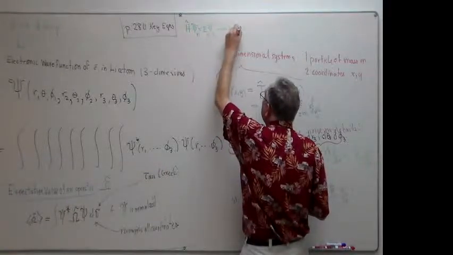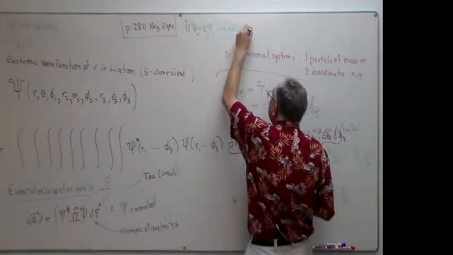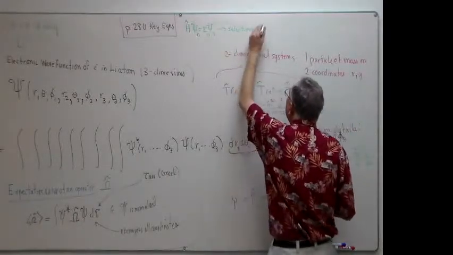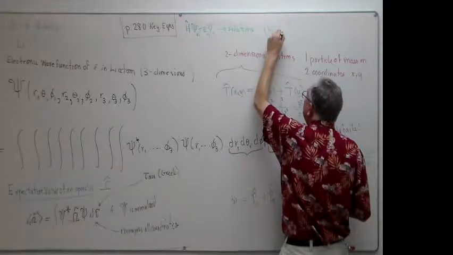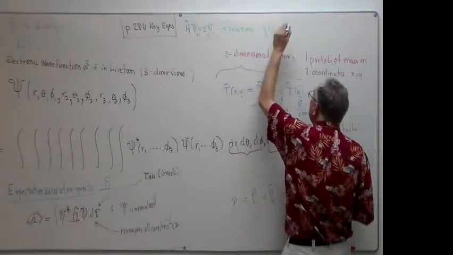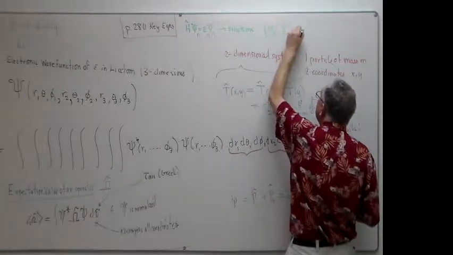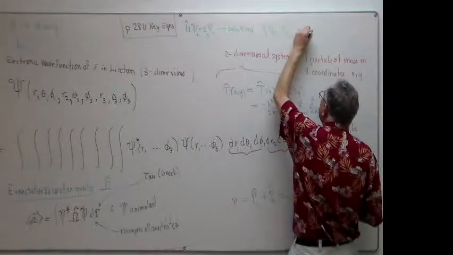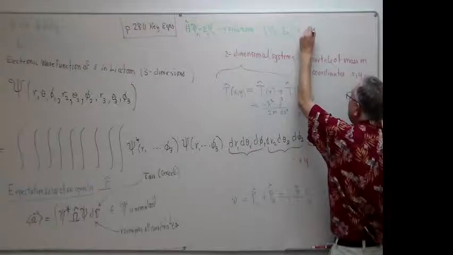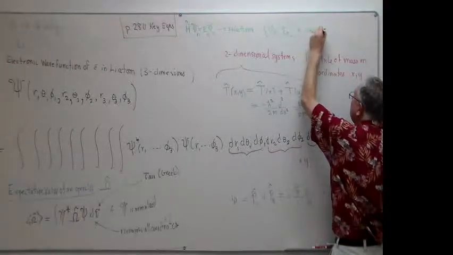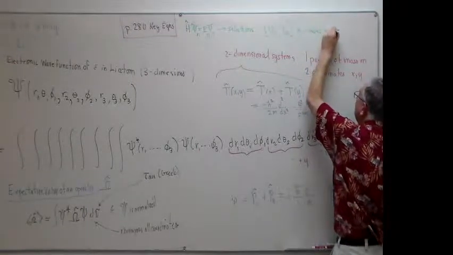So our solutions are these sets of wave functions and their associated quantum energies. And this n is an index for a quantum number.